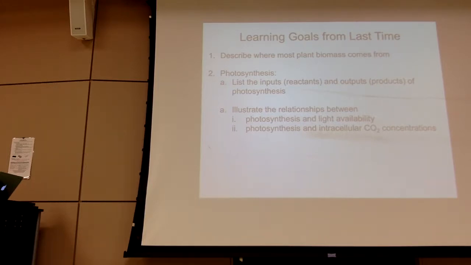What do we call it when the plants make their own carbon-based food molecules? It was like photosynthesis, right? Yes. Now give me an additional word. Carbon fixation. Carbon fixation, absolutely.